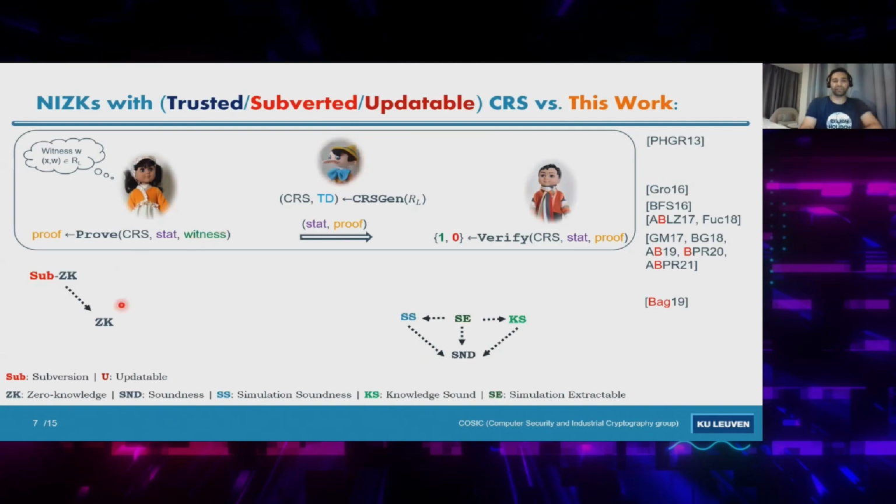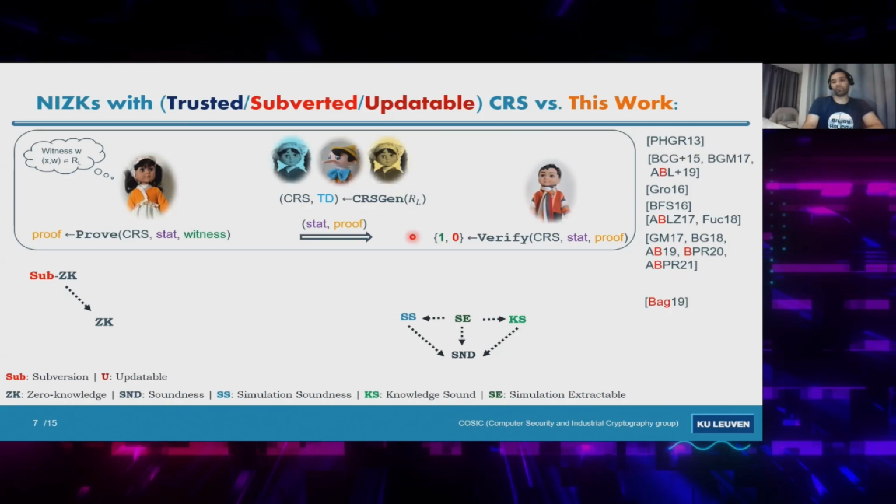And the protocol guarantees zero knowledge even if this CRS is generated by an adversary. But this is a very nice result, yet it is still not sufficient to bypass the need for a trusted third party. Basically, the verifier either needs to generate the CRS himself, but if we have more than one verifier, they need to trust one party who generates the CRS.